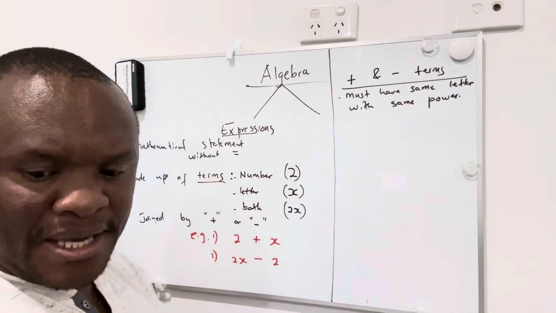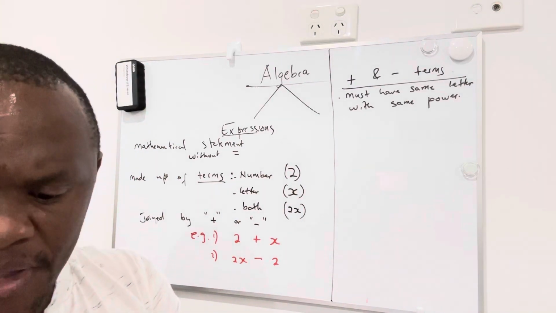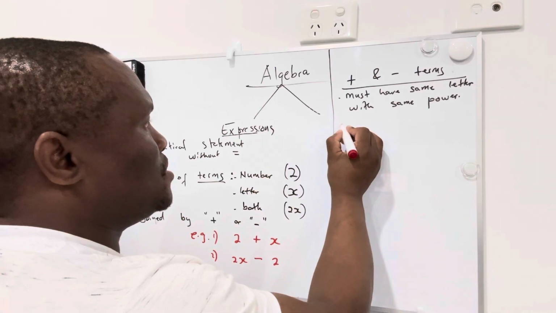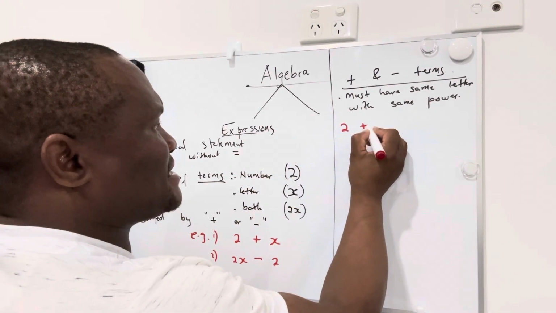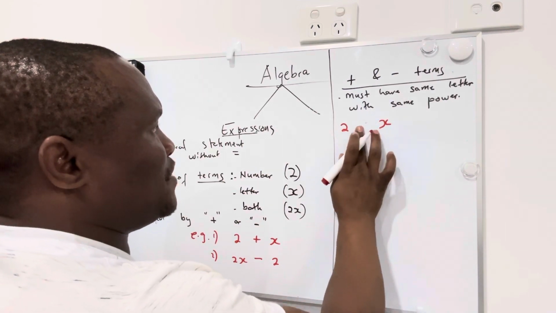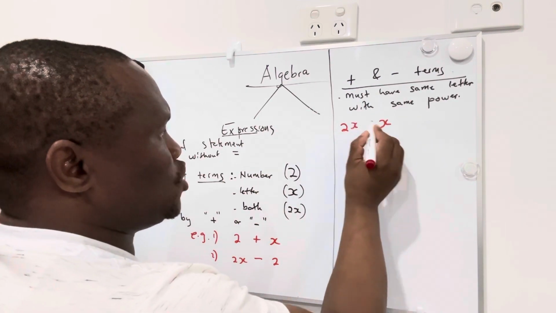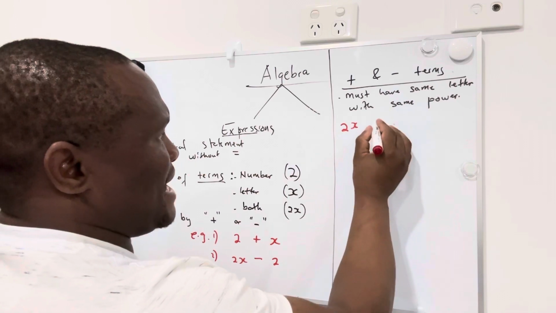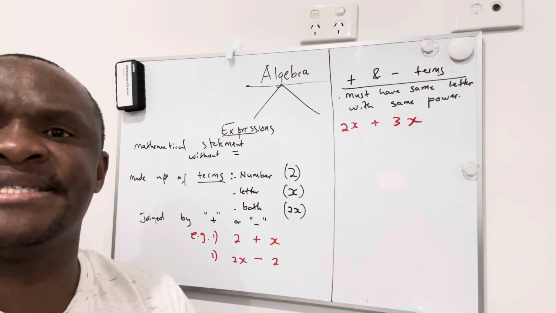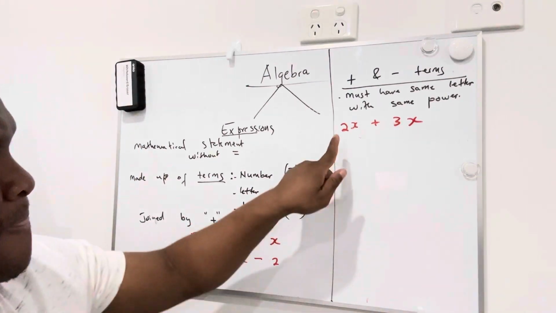For example, here, let me try with this one: 2x plus 3x.